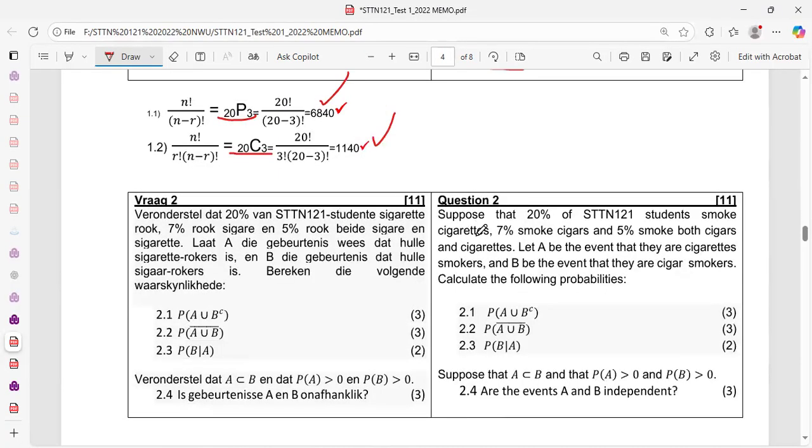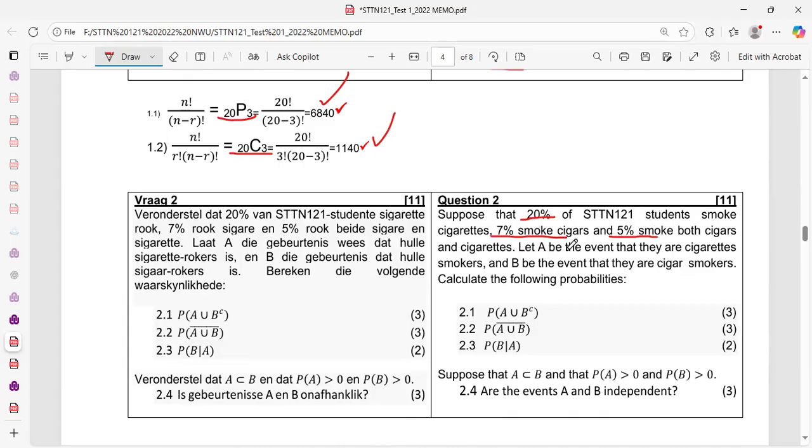Oh, interesting. Suppose that 20% of STN121 students smoke cigarettes. 7% of them smoke cigars. 5% of them smoke both cigars and cigarettes. Can you see the intersection between this?